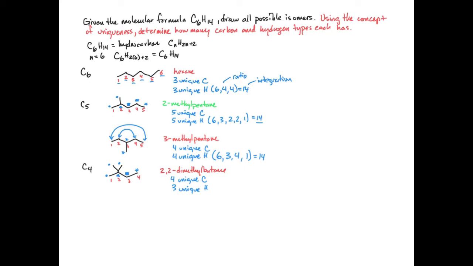So there's 3 of them. That's going to give us 9 hydrogens. We have a methyl group at 4, that's 3. And then we have the CH2 group at carbon 3, so that's 2. And again, that sums to 14. So you can see that's how we can differentiate 3-methylpentane from 2,2-dimethylbutane based on the unique number of hydrogens.